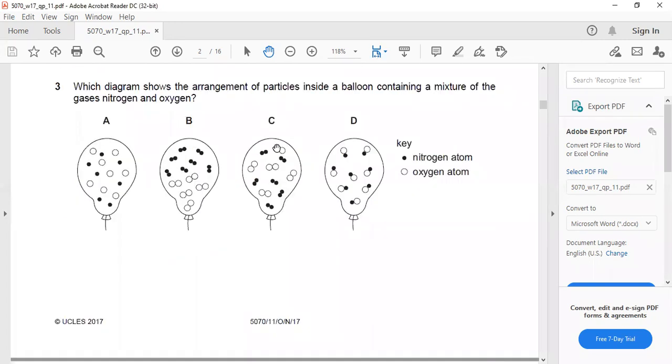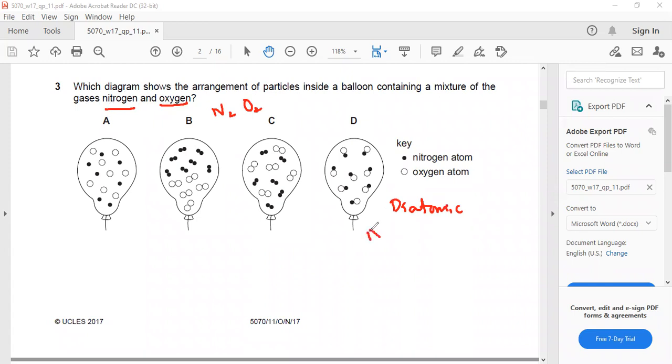Question 3 is again about atom and molecule. Which diagram shows the particles inside a balloon containing a mixture of gases, nitrogen and oxygen? Keep in mind, nitrogen and oxygen both are diatomic. For diatomic, I tell you a hint.